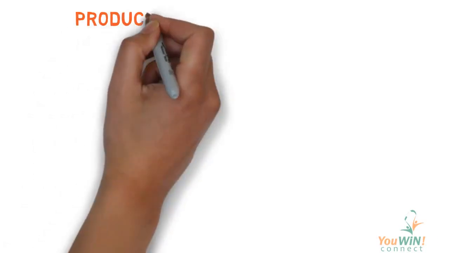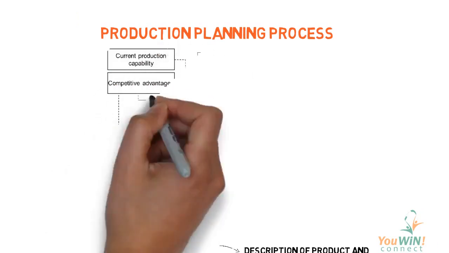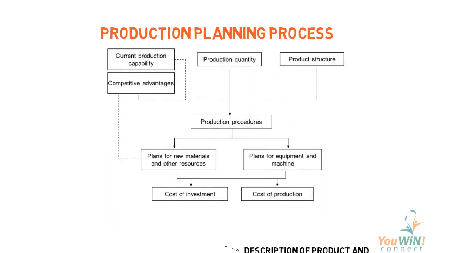Let's look at some of the parts that have been discussed above. First, let's look at the production planning process. In terms of production planning process, this covers the product structure. Product structure includes the product's components, the shape, raw material specifications, technical specifications, and everything that you need to be able to bring out the product.